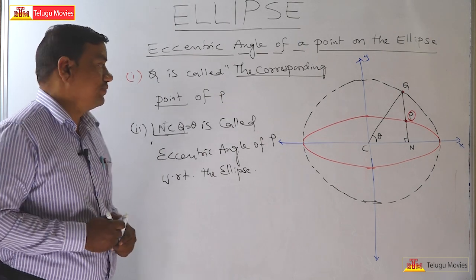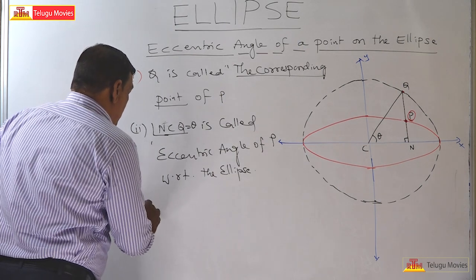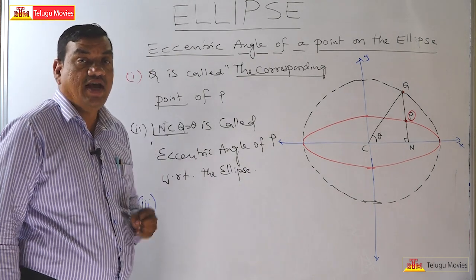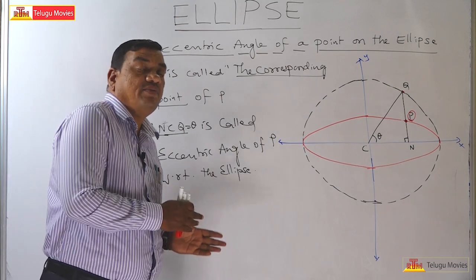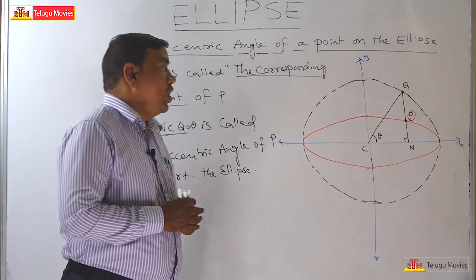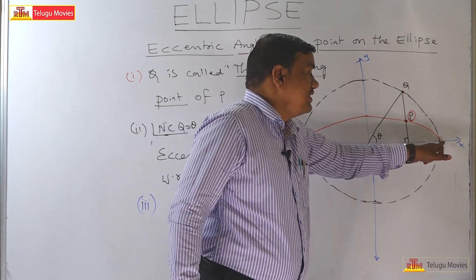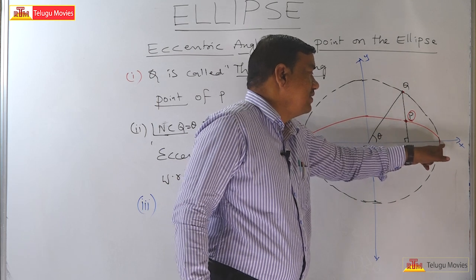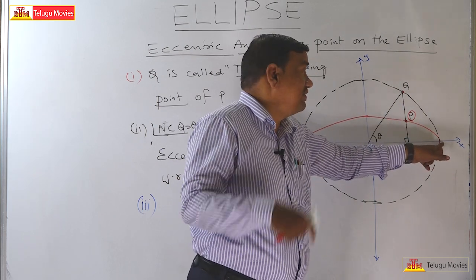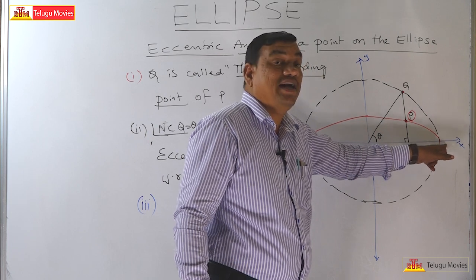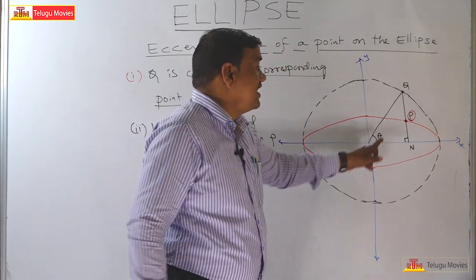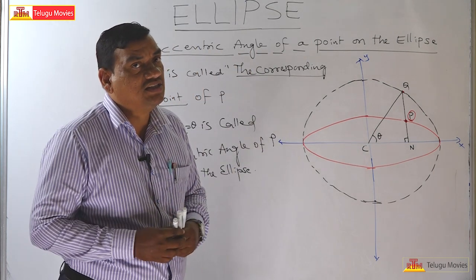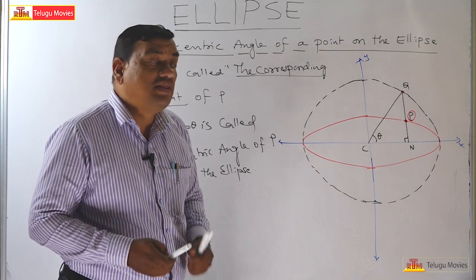Now the third point to be learned is, what is the range of the eccentric angle? Range means what is the minimum value and what is the maximum value. If P coincides with the vertex of the ellipse, that means if P is here, then Q also coincides with P. Both P and Q coincide, then the angle is 0 degrees. Therefore the minimum angle is 0 degrees. And what will be the maximum angle?